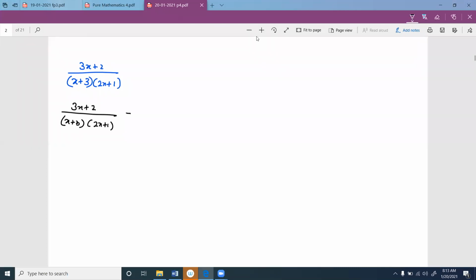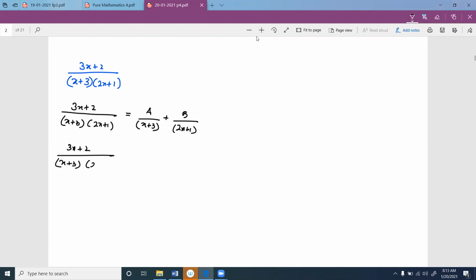Then you can write this one as a over (x plus 3) plus b over (2x plus 1). What I did was I just split this into two different fractions and wrote two different letters. Now our objective is to find the variables a and b. That's our objective.